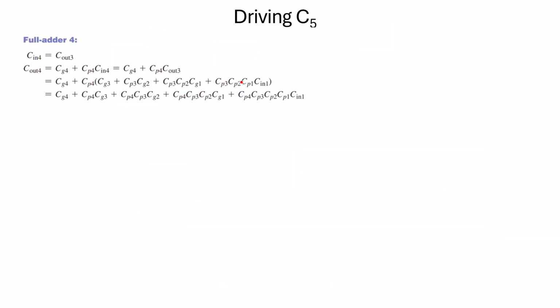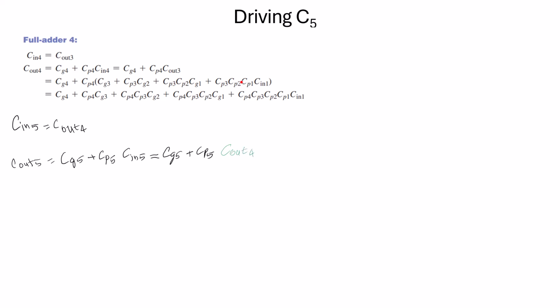So here in front of me is the repetition of C out 4 because we're going to need it. How do we find the C out 5? We repeat what we did before. C in 5 equals C out 4, and then C out 5 equals the generator plus the propagator times the C in 5.